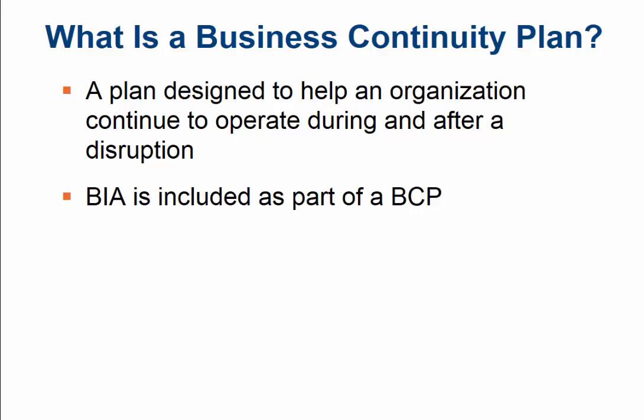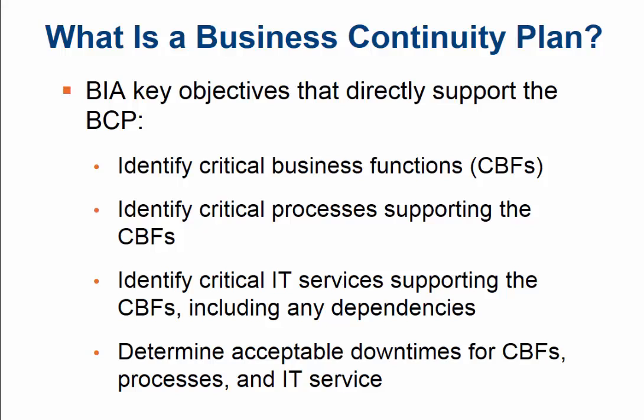So basically activities happen in different phases if the disruption occurs. The first phase is the notification activation phase. The second phase is the recovery phase, where critical business functions are recovered and returned to full operation.